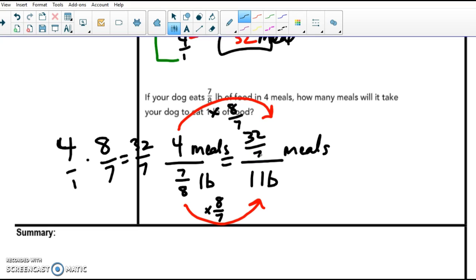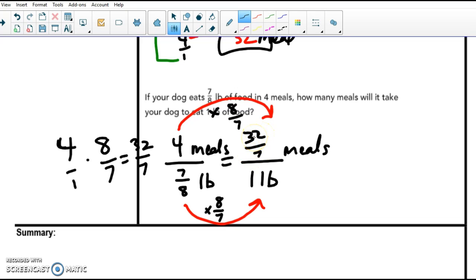So then I find that my dog eats 32/7 meals before he's eaten 1 pound. That's how many meals it takes for him to eat 1 pound of food. However, I have no idea what 32/7 meals looks like. So let's make this into a mixed number so that it will make more sense.